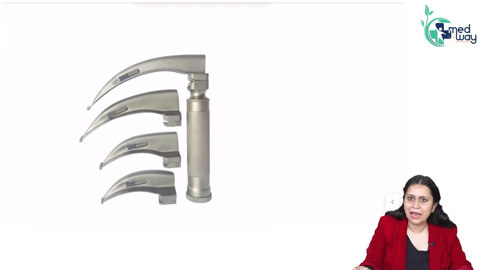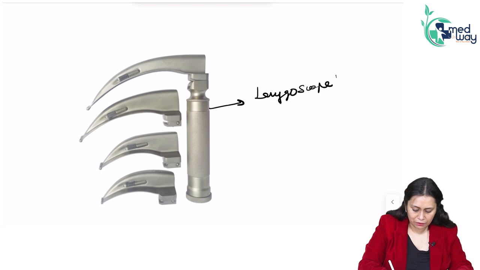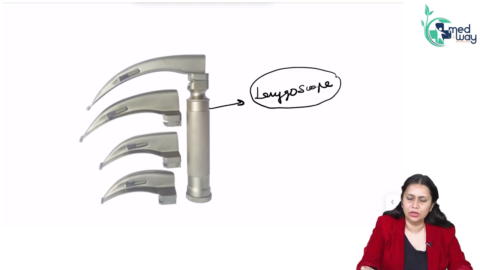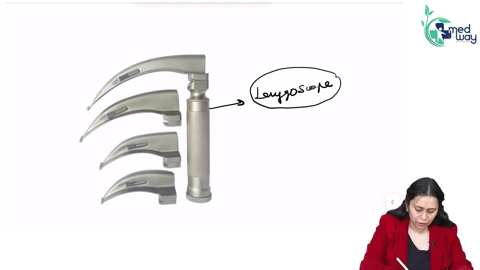What is this? This is a laryngoscope, a device which will help us in orotracheal intubation. We intubate the patient under full visualization of the glottic opening. You can see this has a curved blade.